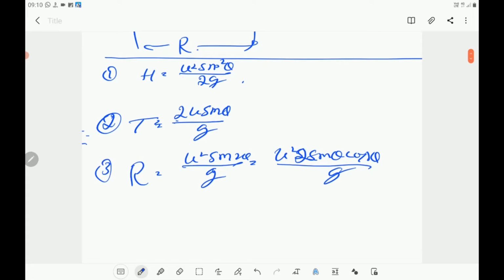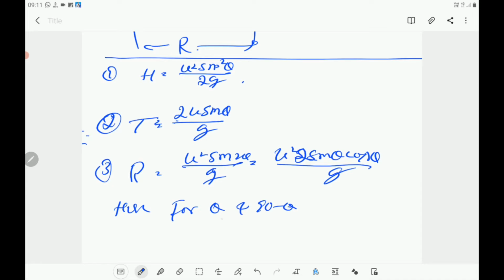Sometimes they give some conditions, and based on the conditions you need to solve. Here, understand it as a special case: for theta and 90 minus theta, recall our discussions.